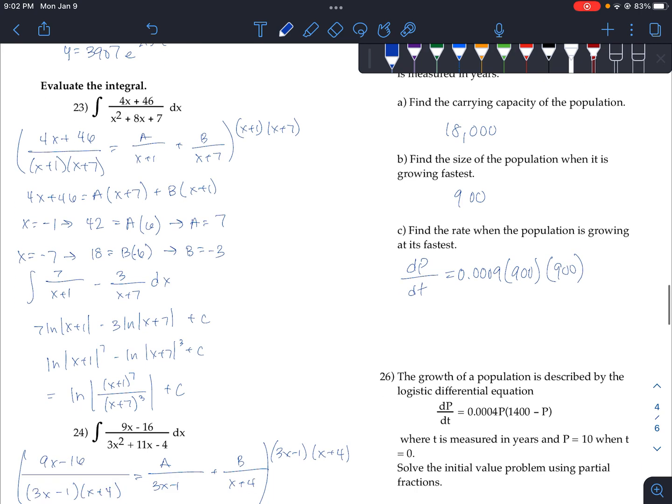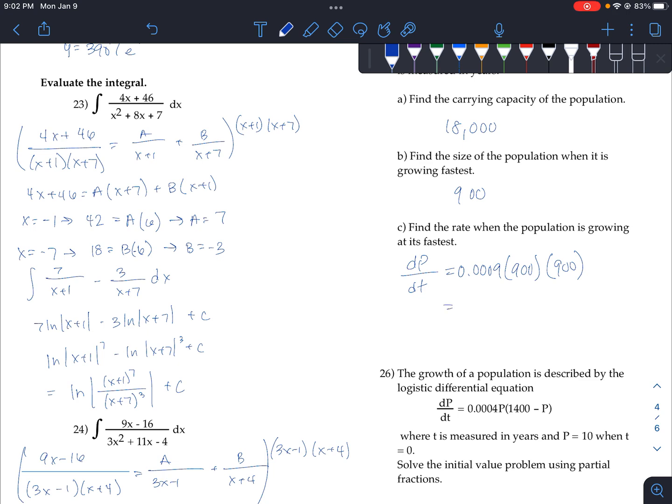So if you punch that into a calculator, I get 729. And since we don't really know what units we're using, I guess you could say population units per year, since it's a rate. Okay, that should be good there.